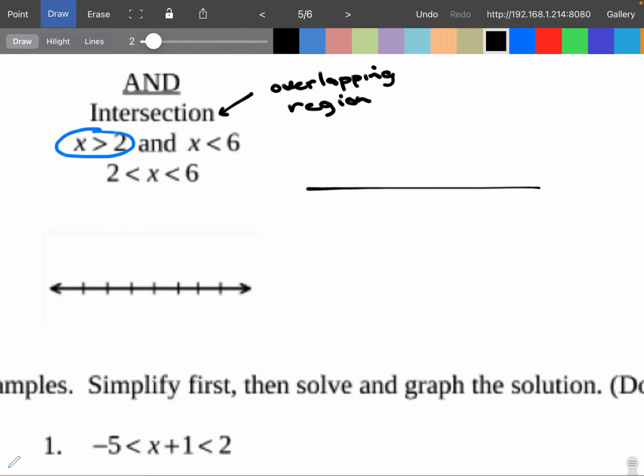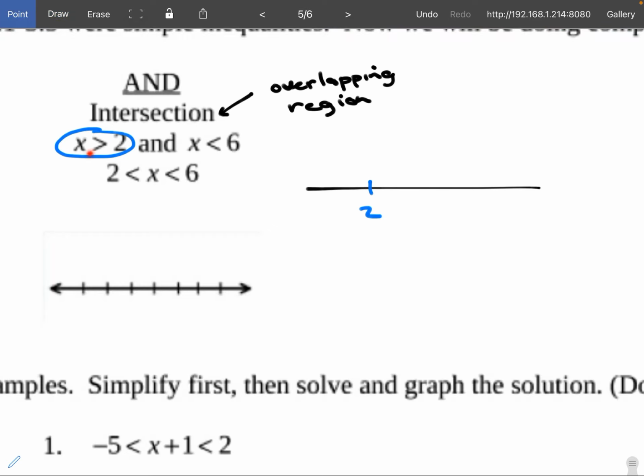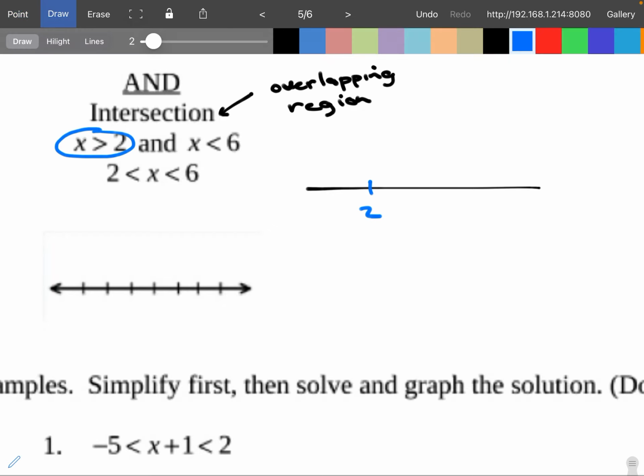Let's do this one in blue. And we're going to do it on a number line over here. So we need x's greater than 2. So we would put 2 on our number line. Again, we'll do this one in blue. So we'll put 2 on our number line.